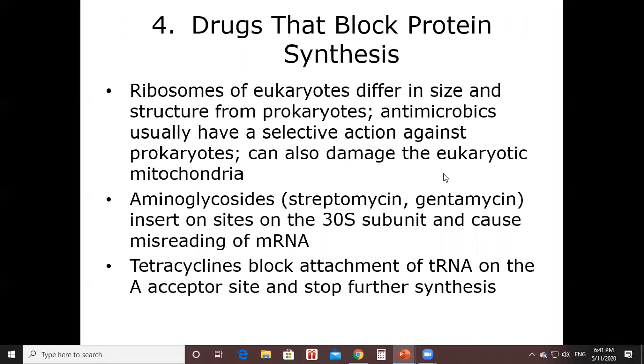And drugs that block protein synthesis. Okay, so ribosomes in eukaryotes differ in size and structure from prokaryotes. So antimicrobics usually have a selective action against prokaryotes.